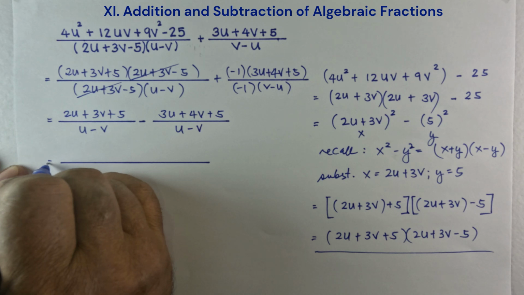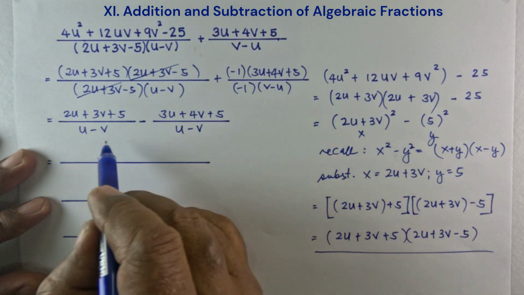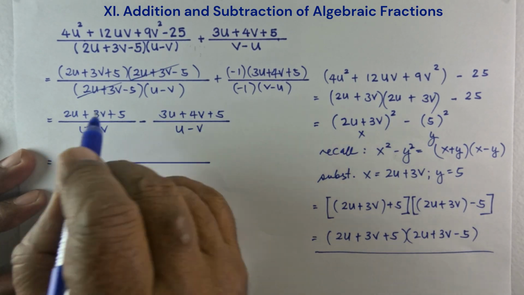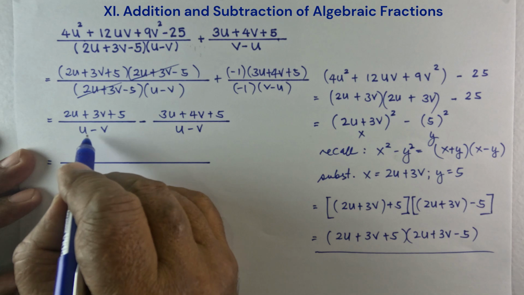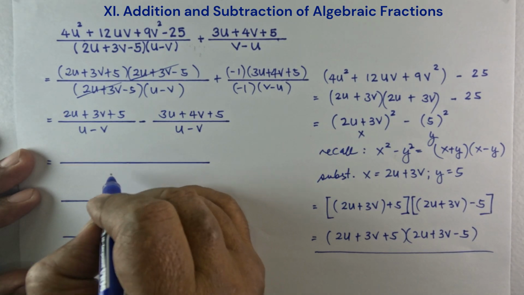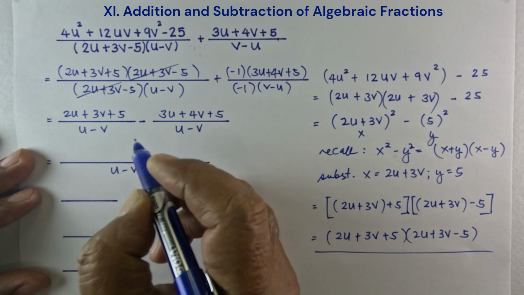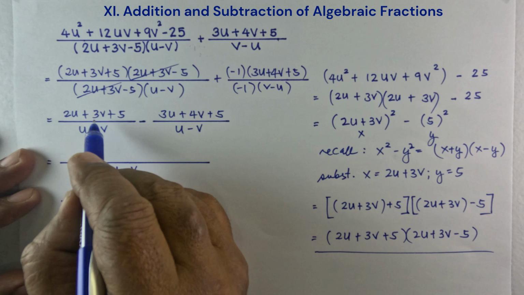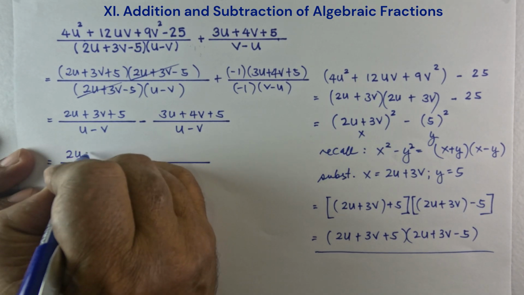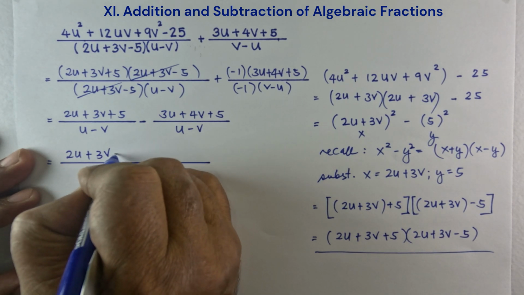Now, we have here two fractions with a common denominator, u minus v. So we can now combine them. I'll write here their common denominator, u minus v. So I'll copy this, 2u plus 3v plus 5.